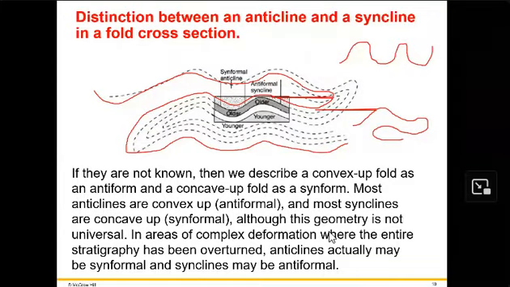If we know the relative ages, we use anticline and syncline. If we don't know which bed is older or younger, we'd rather use synform and antiform. Let's keep it simple. Let me not dwell too much on this.